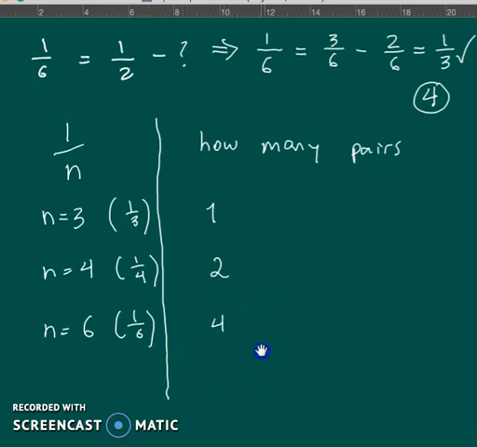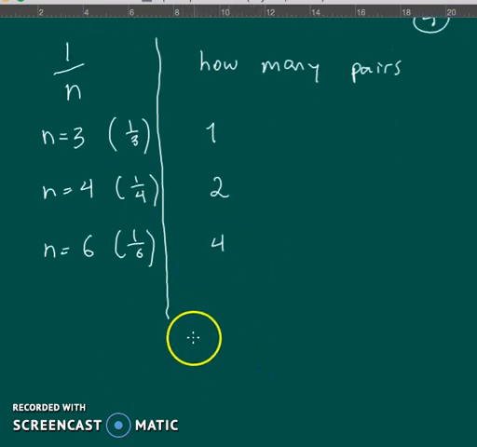So there seems to be a pattern emerging here, and that pattern, if you think about it, is whatever n you have, so for any fraction that looks like 1/n, the number of pairs of unit fractions that when you subtract them, when you find their difference is 1/n, is equal to n minus 2.